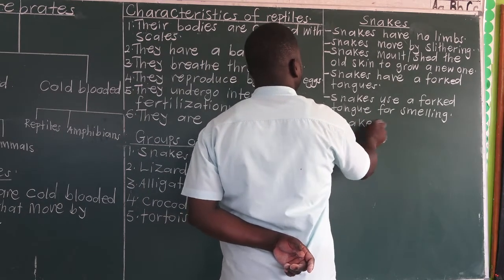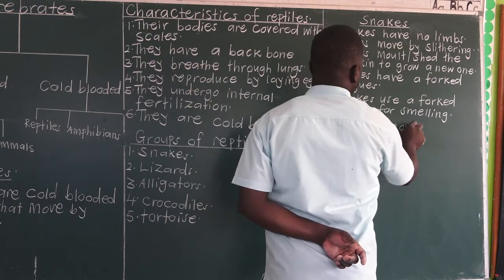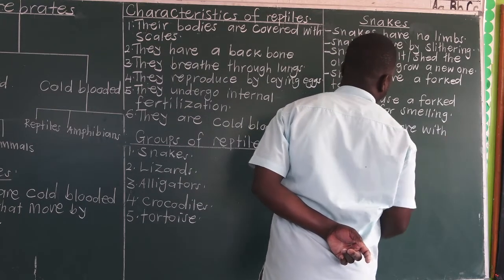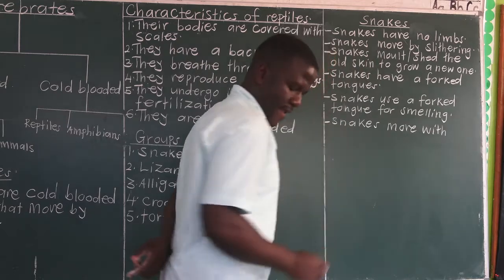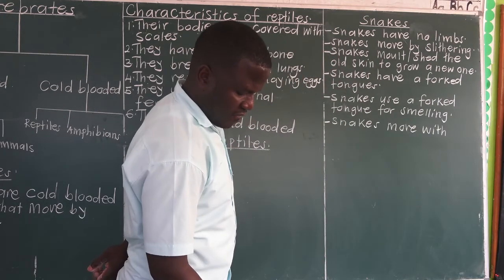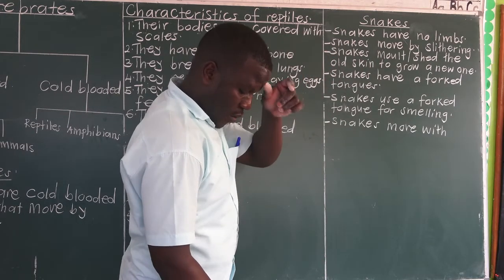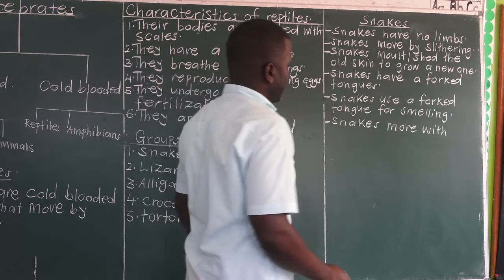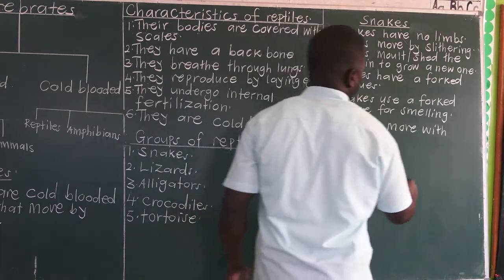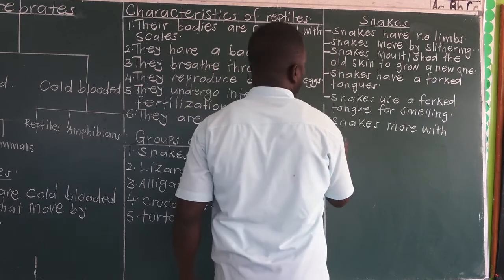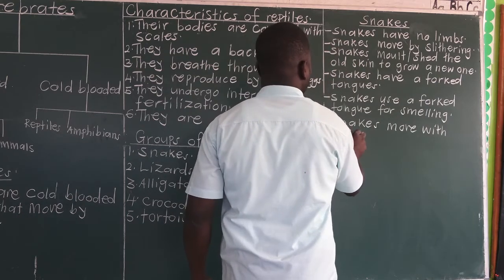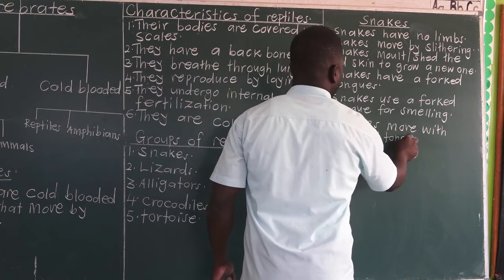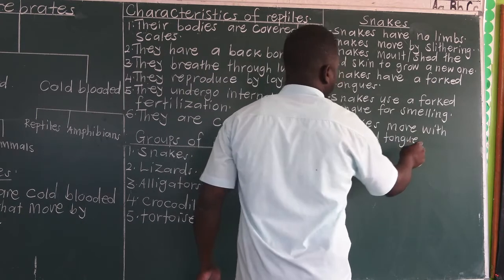Snakes move with a forked tongue outside.